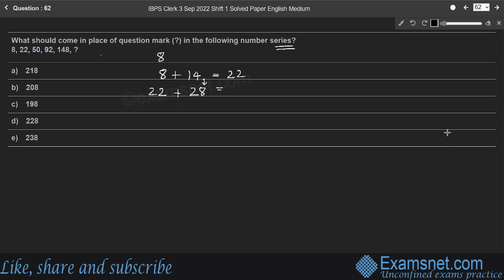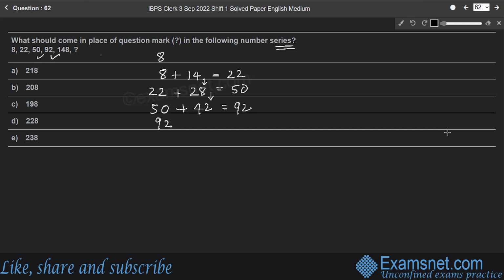So we get 50, which is the third number. Then to 50, the next number to add is 42, a multiple of 14. 14 into 3 is 42. So we get 92, which is the next number.